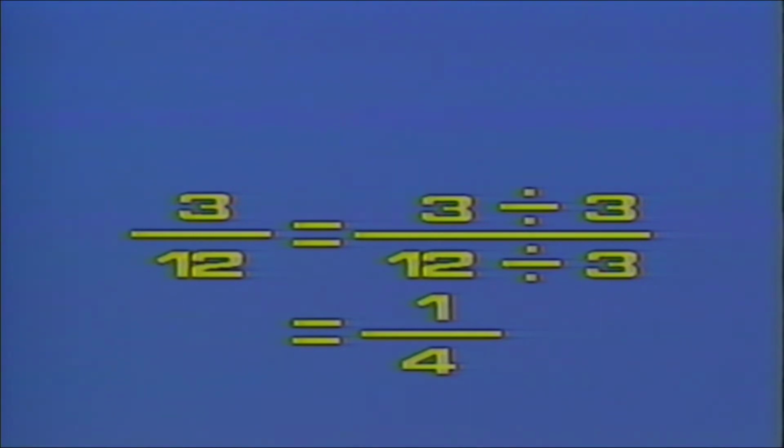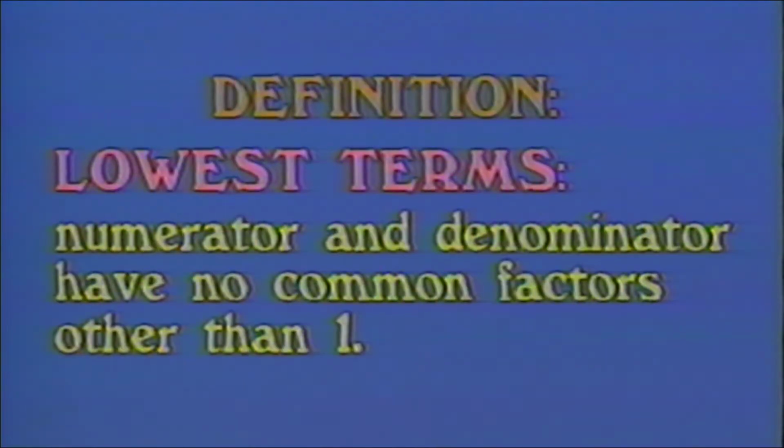The fraction 30 over 120 has been reduced to lowest terms, 1 over 4. A fraction is in lowest terms if the numerator and denominator have no common factors other than 1. This means that the fraction has the smallest whole numbers possible in its numerator and denominator.